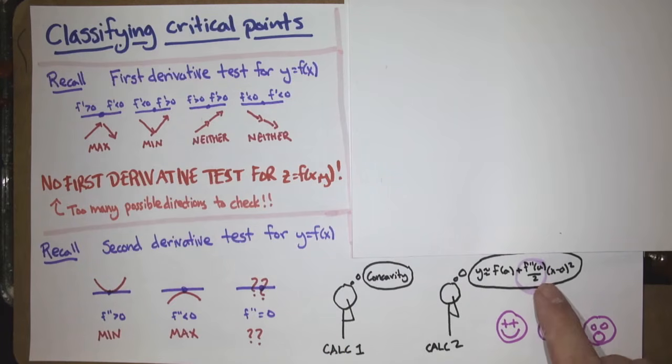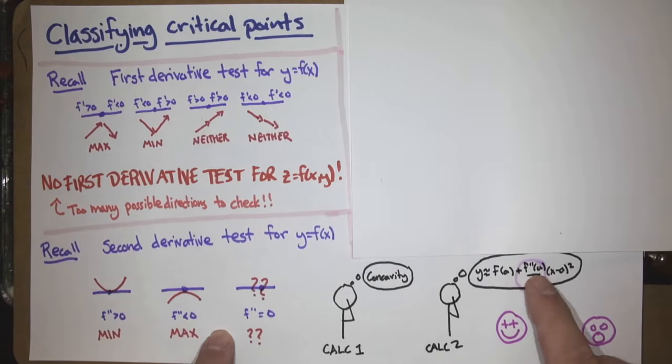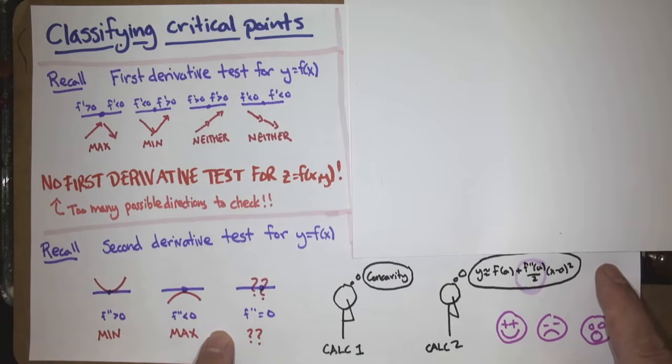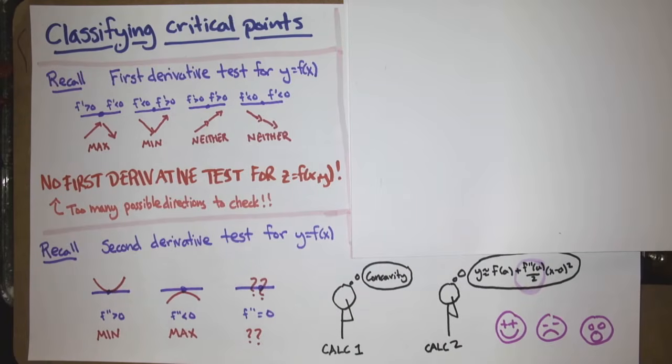If this second derivative is positive, you have a positive coefficient in front of a square term, you open up. If this second derivative is negative, you have a negative coefficient in front of your square term, so you open down. And if it's 0, it says, oops, you don't have enough information, you have to go deeper into your Taylor polynomial. So it's the second derivative, and what's happening with that, that drives the behavior.